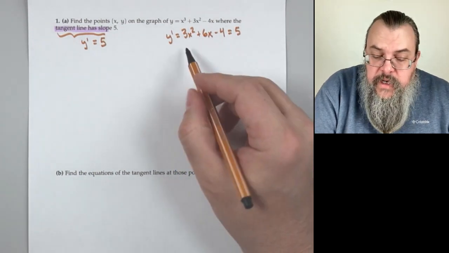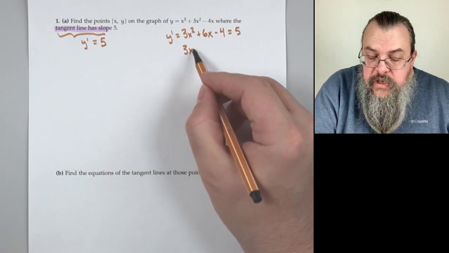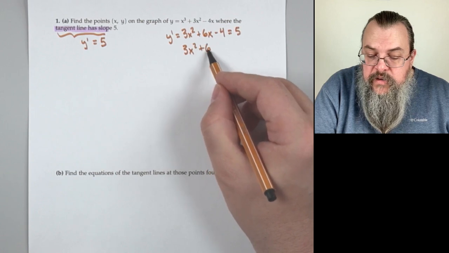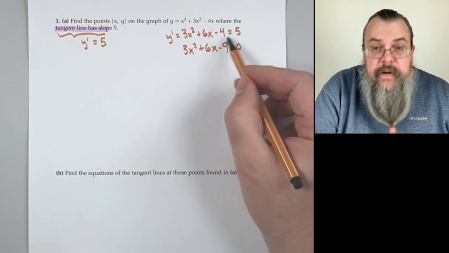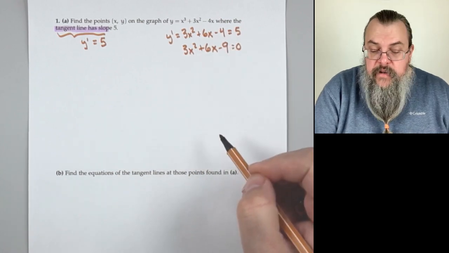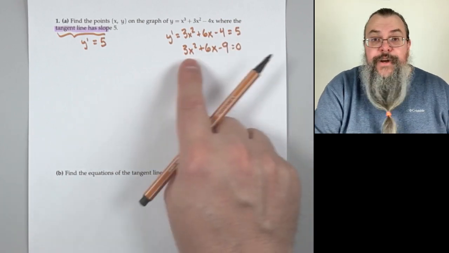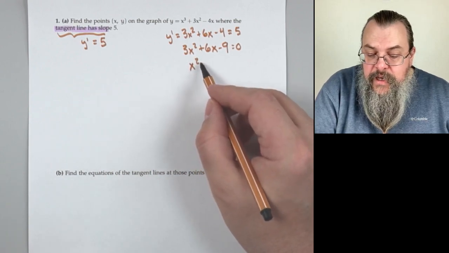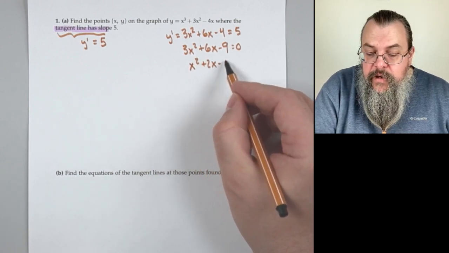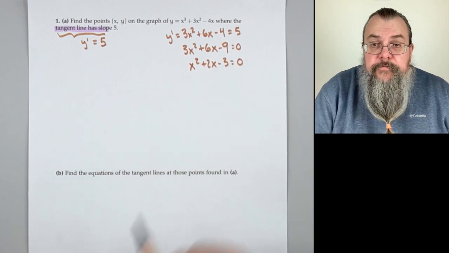This is a common strategy, to set something equal to 0, because 0 is a magical number. So we subtract 5: minus 4 minus 5 is minus 9. And I say, oh, they all have factors of 3. We go ahead and divide out by 3. x squared plus 2x minus 3 equals 0.